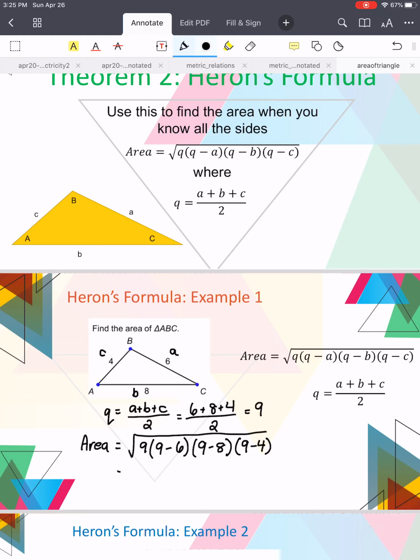So that's the square root of 9 times 3 times 1 times 5, which is the square root of 135. If you put that into your calculator, you get that area is about 11.6 units squared.